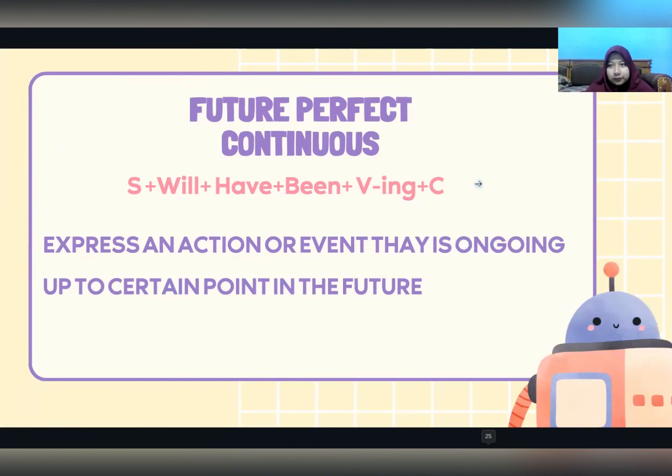What is the function of the future perfect continuous? It expresses an action or event that is ongoing up to a certain point in the future. So the event or activity explained with the future perfect continuous is still ongoing up to a certain point in the future.